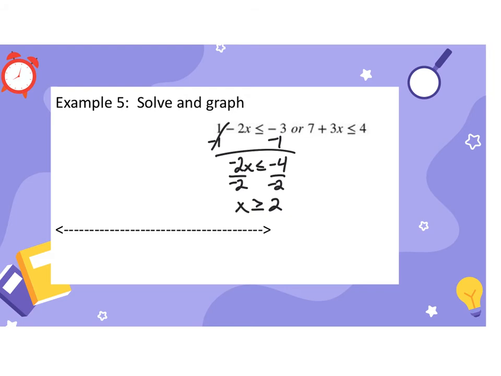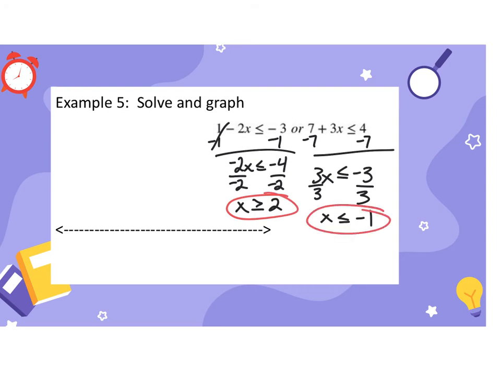Okay, come on over to the left side. Subtract that 7 off. Get negative 3 over here. 3x on this side. Divide by 3. It's a positive 3, so don't change the sign on that one. Negative 3 divided by 3 is 1. Okay, so hopefully you got these two answers. I hope that first part didn't trip you up on the flipping the sign, but remember, dividing by a negative, gotta flip the sign.